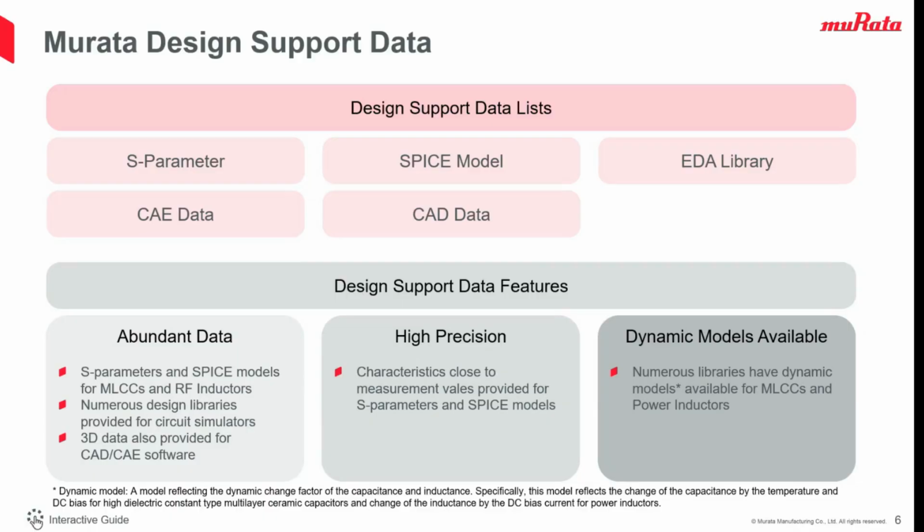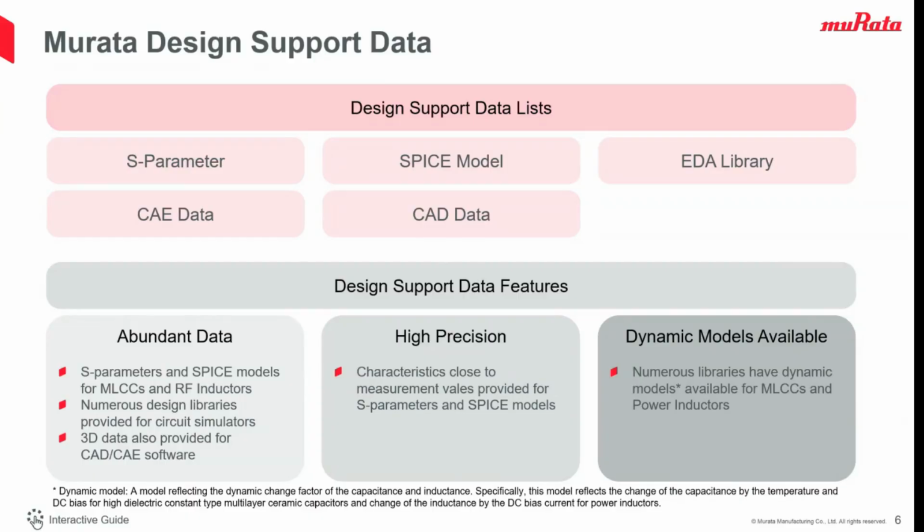In addition to having all of this data available, we take our rich and abundant data and apply it to SimSurfing. The design support data features: firstly, we have a lot of data available. This is included in our S parameters, SPICE models, design libraries, and even 3D models. And then we have accuracy, so high precision in this data.